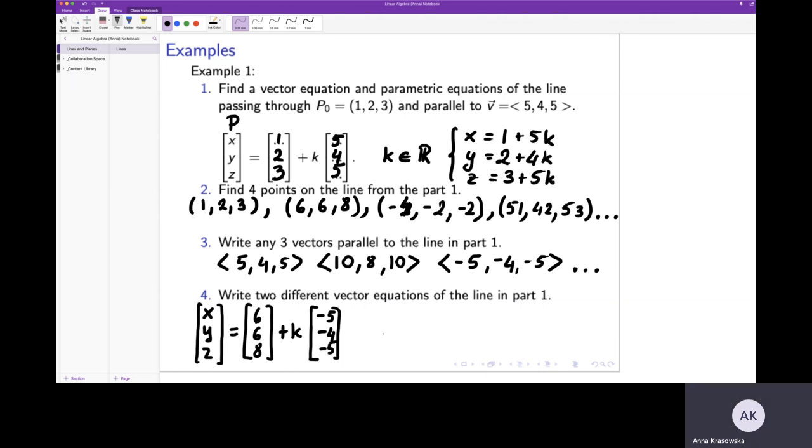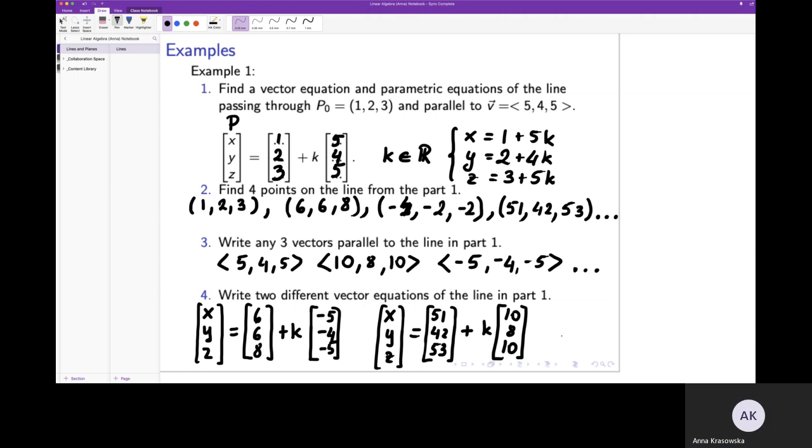This is also an equation of the same line. We can also write another one, (x, y, z) equal to any point of our choice plus the parameter times a vector that is parallel to it. Maybe we take (51, 42, 53) plus k times (10, 8, 10).